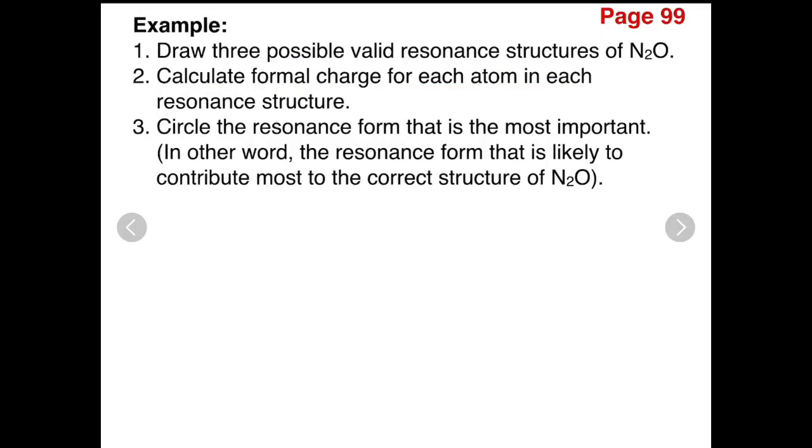We are going to take a look at the three possible valid Lewis structures that come from N2O. Remember, what we focus on here is the resonance, which means you have to have the same order of atoms. Because we have N2 and O, we first count the number of total valence electrons. Two nitrogen added to one oxygen, the total number of valence electrons will equal 16.